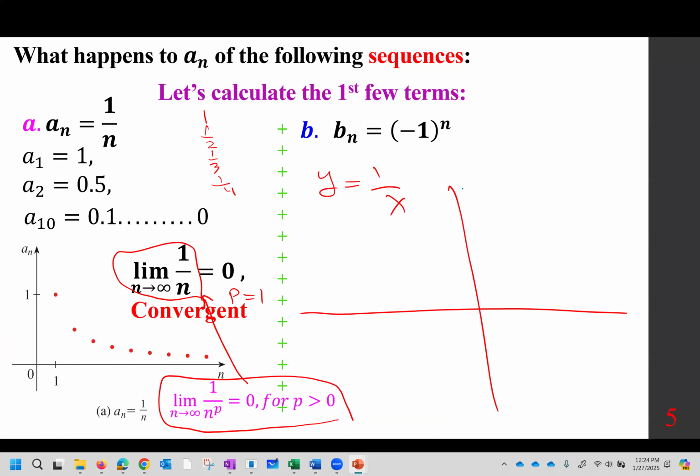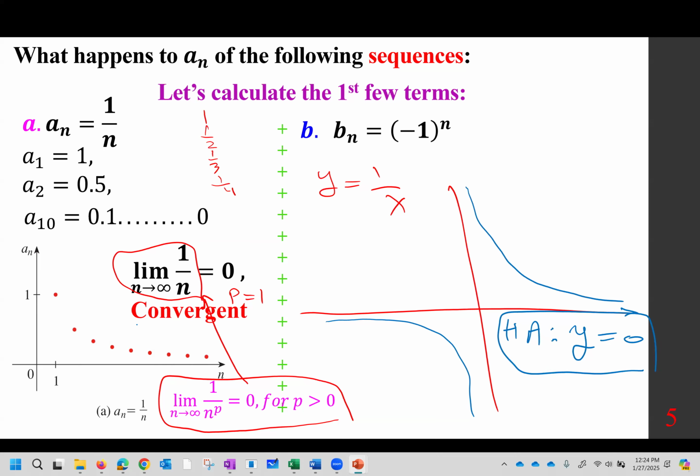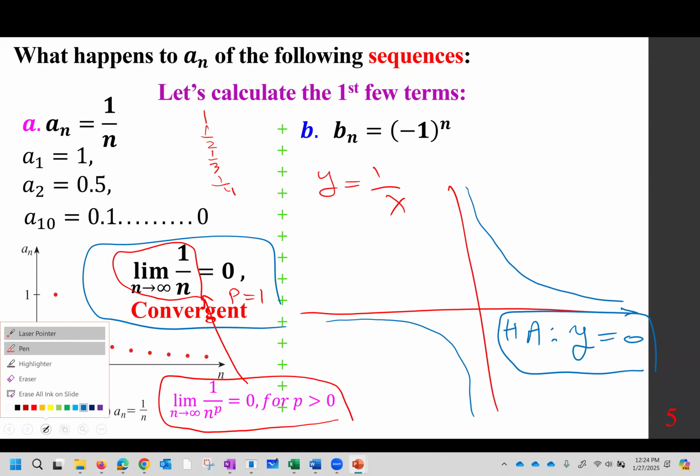If you recall, it looks like this with the horizontal asymptote, which is the x-axis, y equals 0. And that's exactly what this one indicates. Again, I'm connecting this to algebra and rational functions and their graphs that you've seen. I hope it's coming back to everybody.